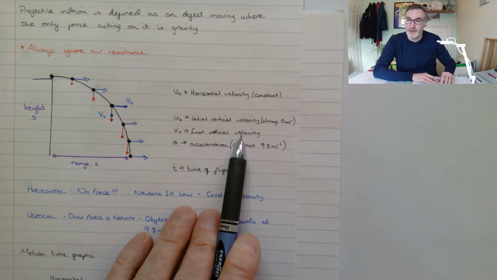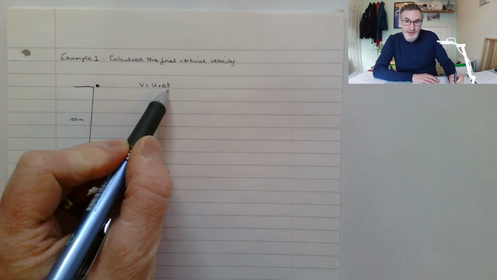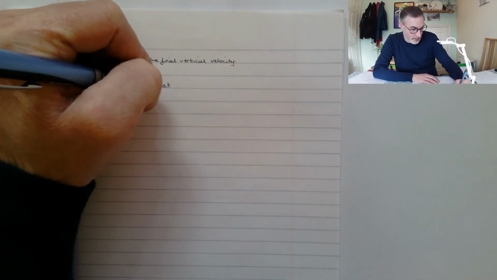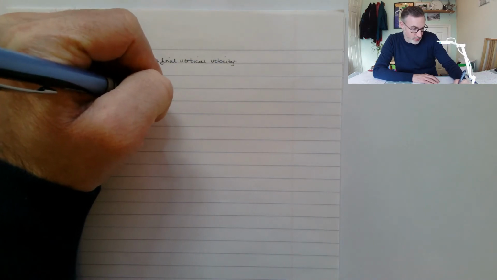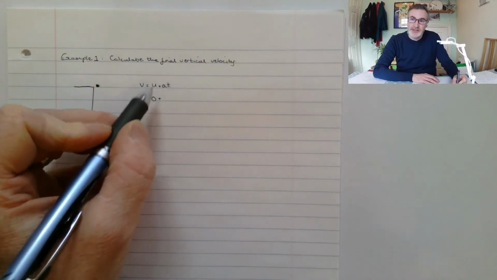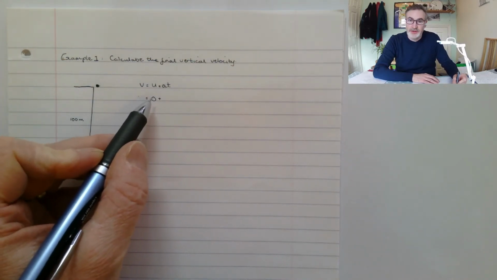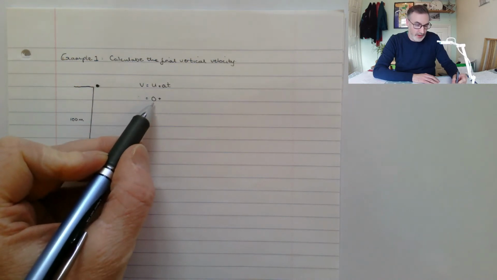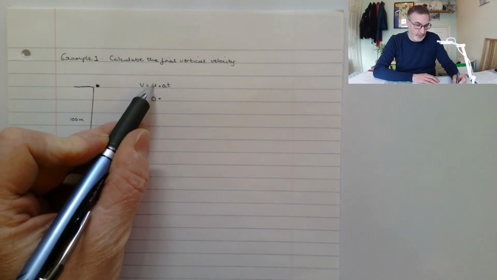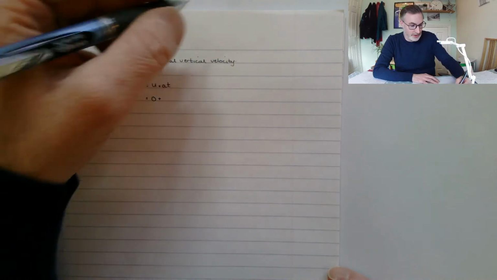And then we're going to calculate the final vertical velocity. So we have our formula here. u is always going to be 0, plus, and even though it's always going to be 0, we must include it in the equation. The SQA will penalise you for not including that. The formula is not v equals at, so you must include the u and you must include the 0 in the first line of the substitution.